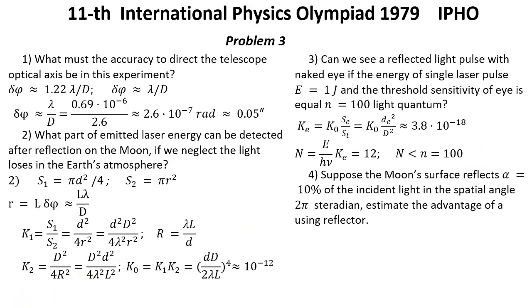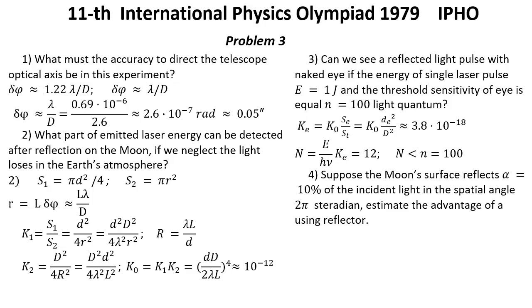Question number 4. Suppose the Moon's surface reflects alpha equal 10% of the incident light in the solid angle 2 pi steradians. Estimate the advantage of using a reflector. Solution.